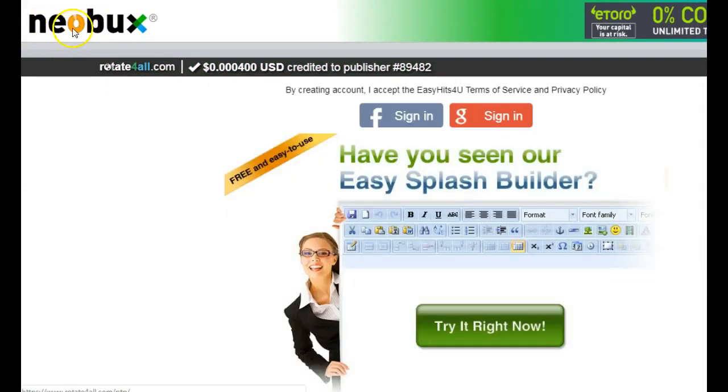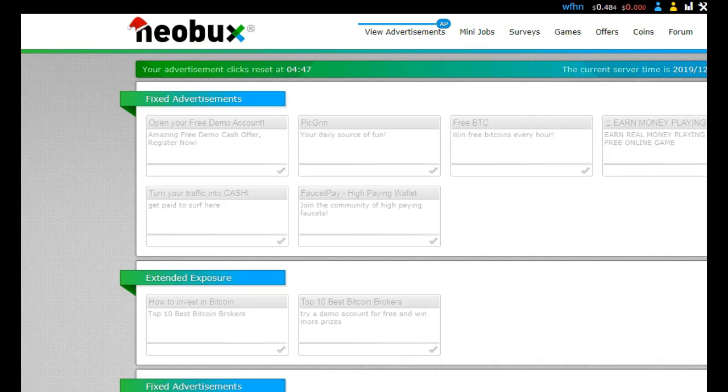Then once it's completed, the tick appears, the advertisement validated message appears, and it'll tell you the amount that has actually been credited to your account.